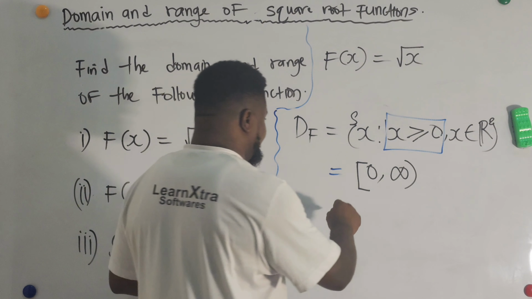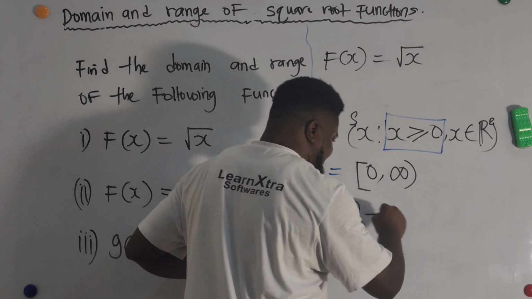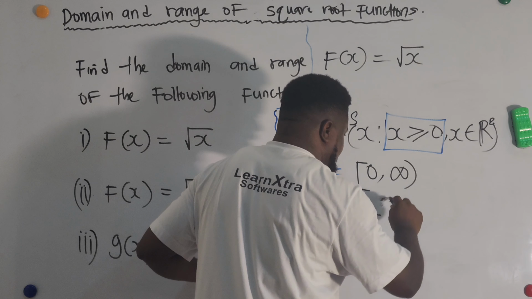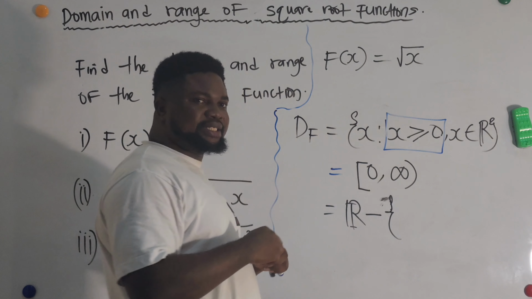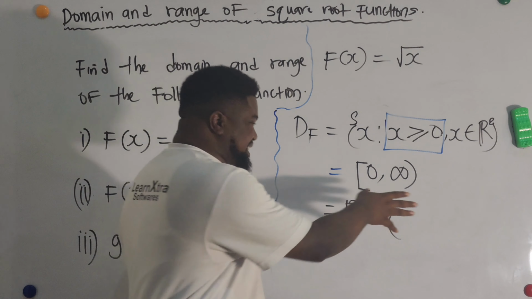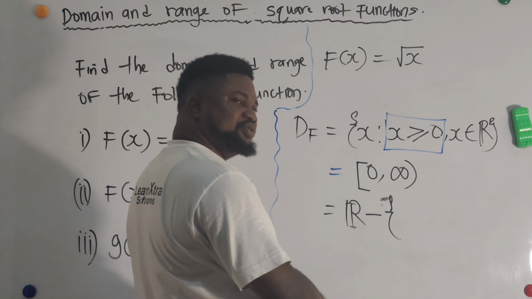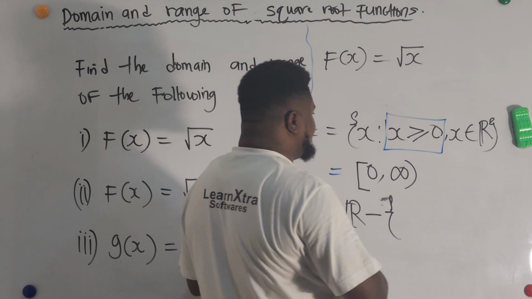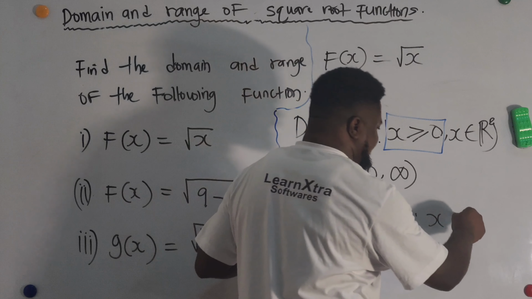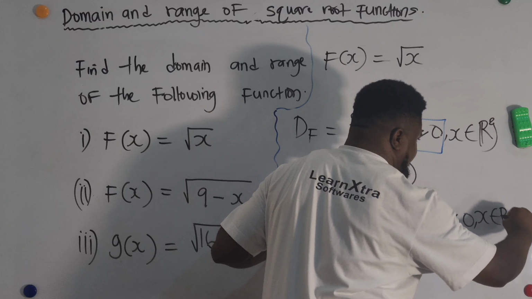You can also write this in another way. You can say the domain is all real numbers except the parts that will make it undefined. And what's that part? The part that will not work, which is where x is such that x is less than 0, where x is also a real number.